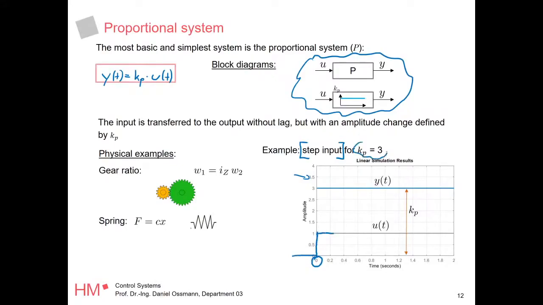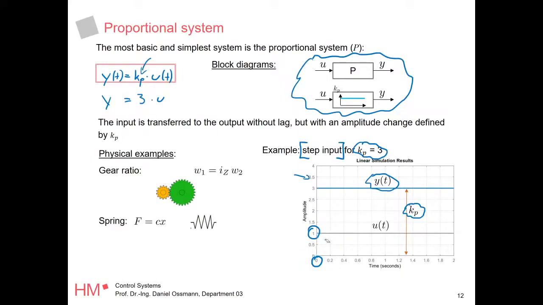Here you have a gain of 3, and you should realize that your y is basically 3 times your input. The input is 1, and the output is 3. In between, you could read out this gain, what we call this constant gain. This is what's standing here.